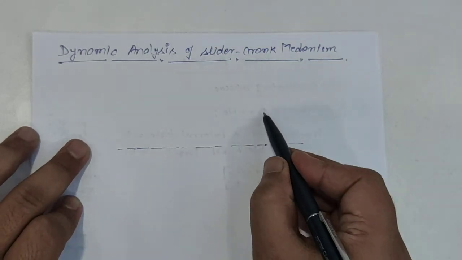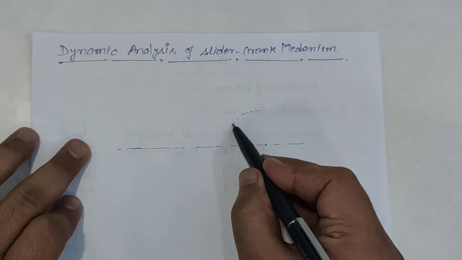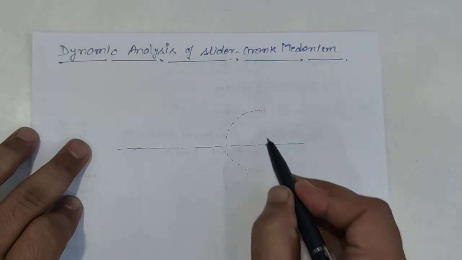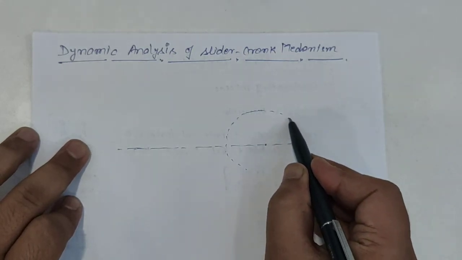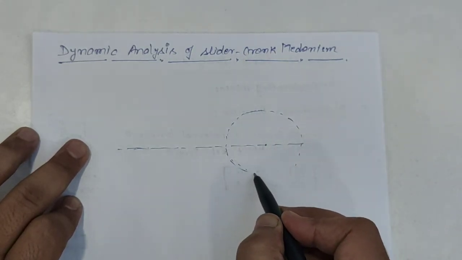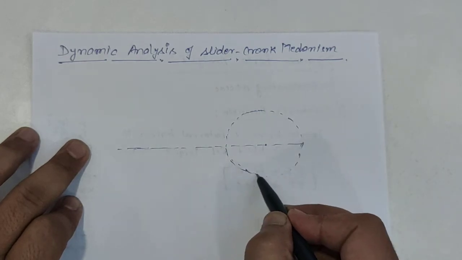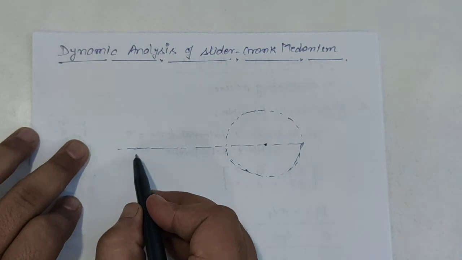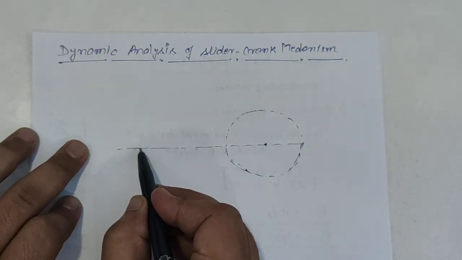We have considered one crank which is having the rotational motion. Try to understand carefully: the crank is having the rotational motion. We are having the slider here.